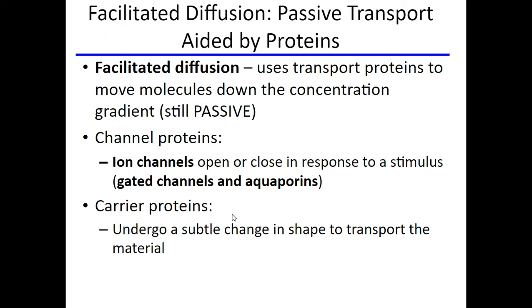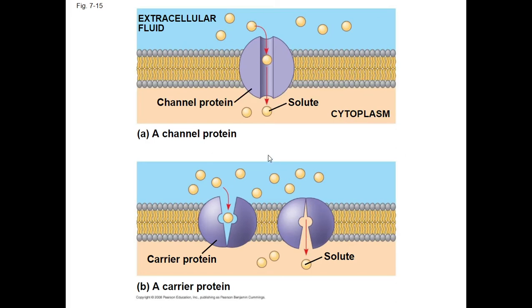The other type of transport protein is a carrier protein, and what happens with carrier proteins is that they will actually undergo a transformation, basically change shape, in order to transport the material. We can take a look at that here. So here's our carrier protein.